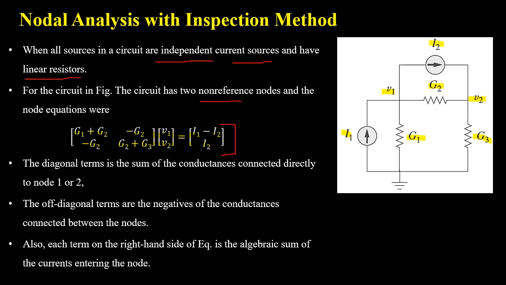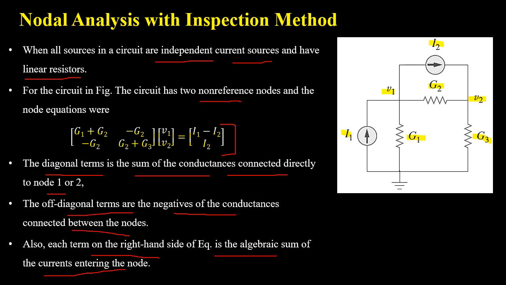Both equations are given here in matrix form. Now for convenience, if you analyze the matrix, the diagonal terms are the sum of conductances connected directly to node 1 or node 2, whereas the off-diagonal terms are the negative of the conductances common between node 1 and node 2. Also, each term on the right hand side of the equation is the algebraic sum of currents entering the node.